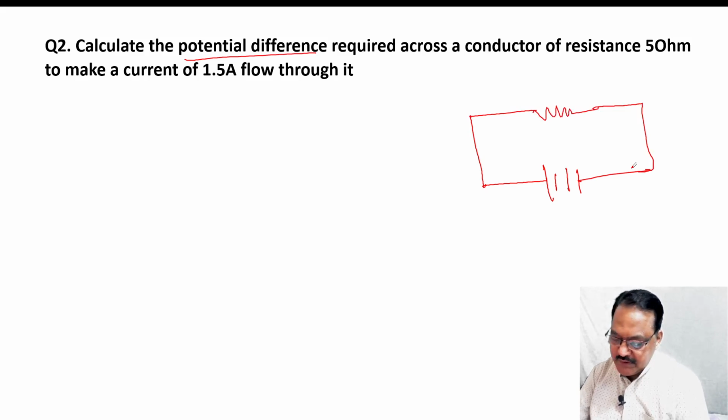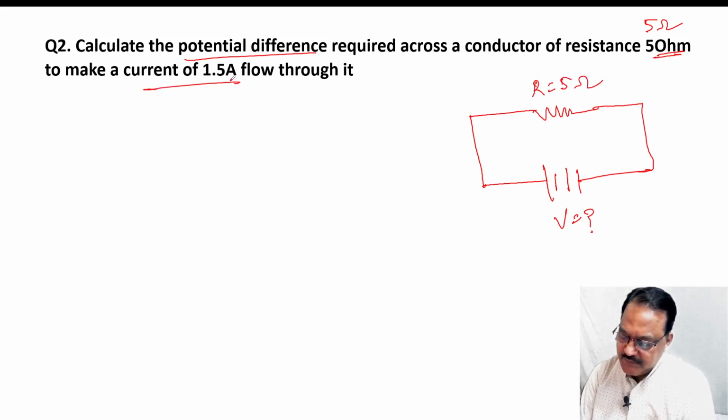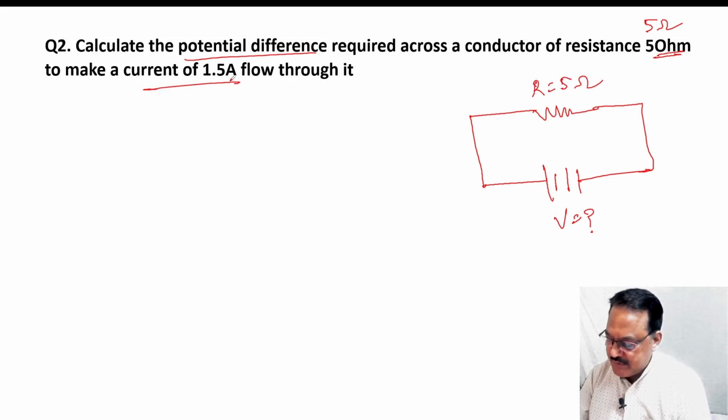Then what is given here? Potential difference to be calculated, means V is equal to what? Next is the given resistance value, this is 5 ohm. We can write here R is equal to 5 ohm. The next parameter, current, is also given as 1.5 ampere.